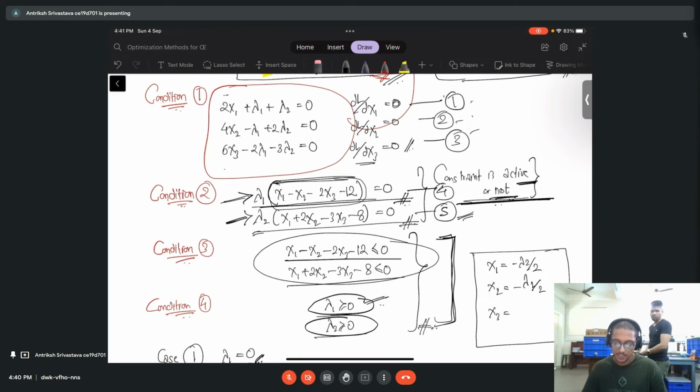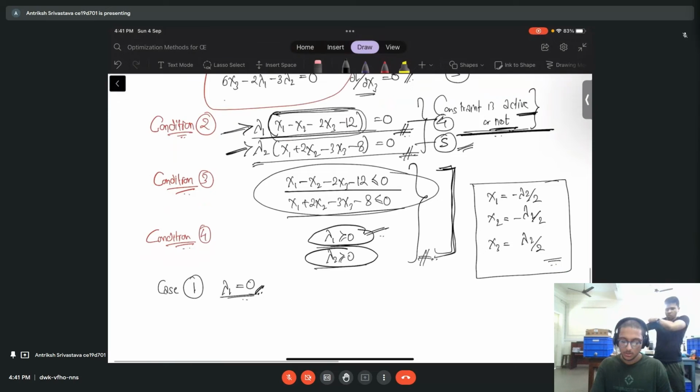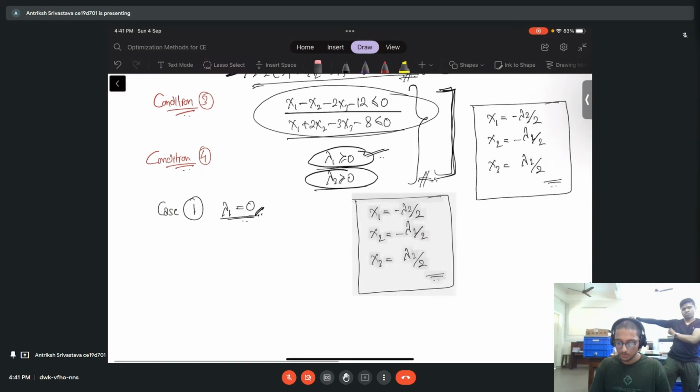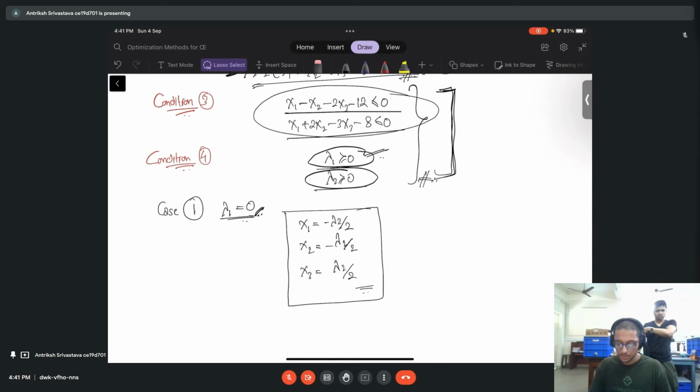So what about x3 then? I think you get the gist. x3 will be lambda 2 by 2 without the negative sign. It was an easy expression and we were able to solve this. Now we have x1, x2, x3 in terms of lambda 2.